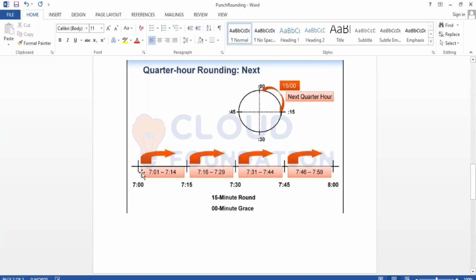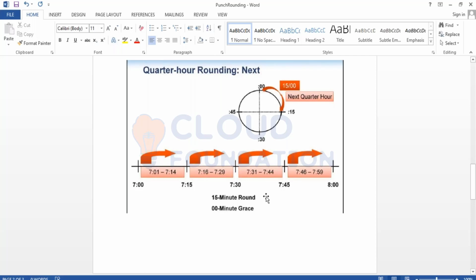When I punch anywhere between 7:01 and 7:14, my punch is going to go forward to 7:15. Anywhere between 16 and 29, it goes forward to 30. Anywhere between 31 and 44, it goes to 45. Anywhere between 46 and 59, it goes to 8. If I punch on 7, 7:15, 7:30, or 7:45, it's going to stay there. There's going to be no change.